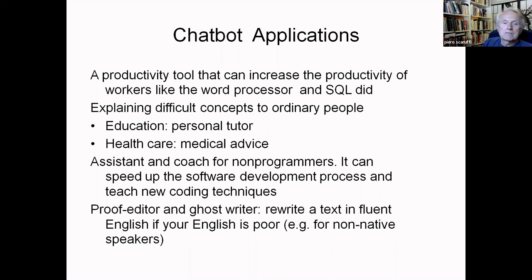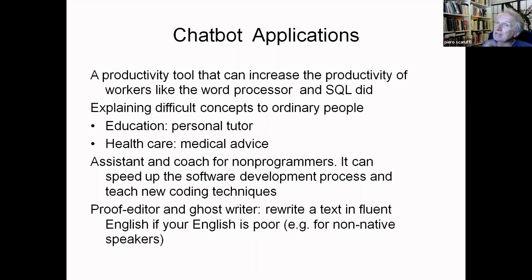Okay, coming to applications. One application that I've seen proliferate immediately is a productivity tool. Just like the word processor or all the SQL tools did in the old days. So it can help explain difficult concepts to people who are not specialists in that concept.